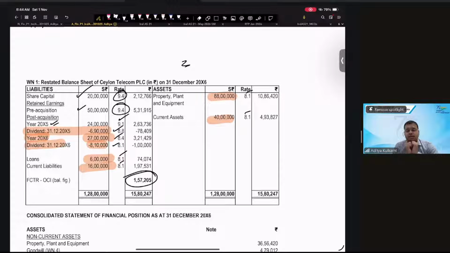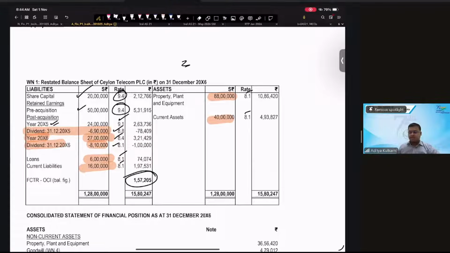Vibhu, Sanjay, Geeta, Leela, what happened? No response? Did you understand or not? No questions. Okay, fine. I presume you have understood.